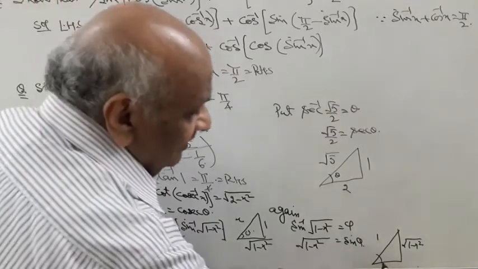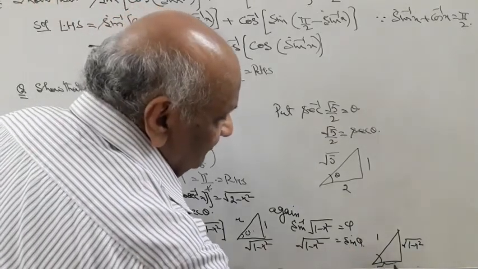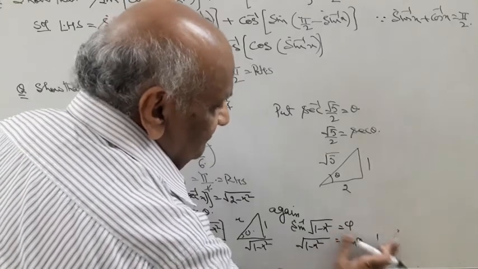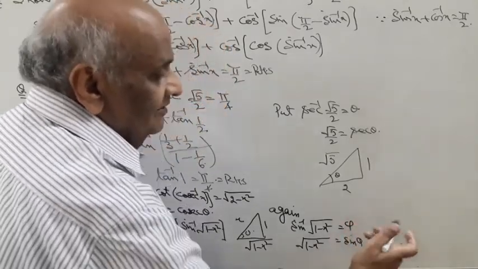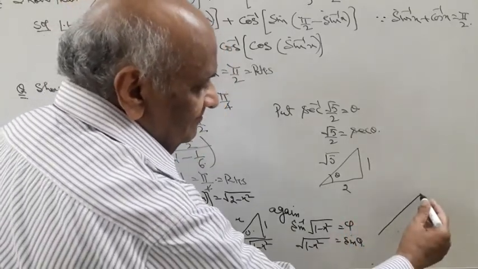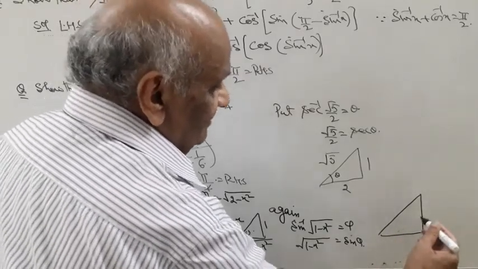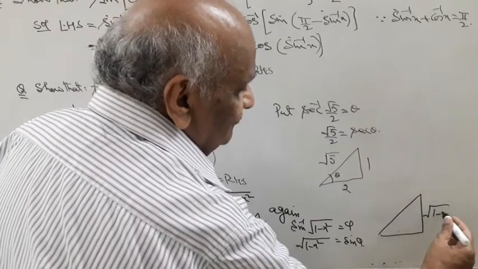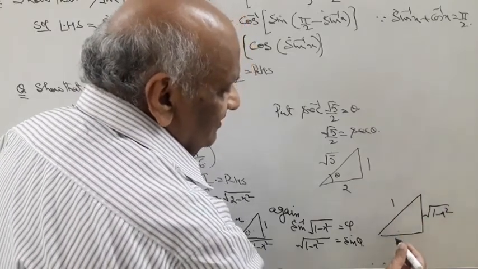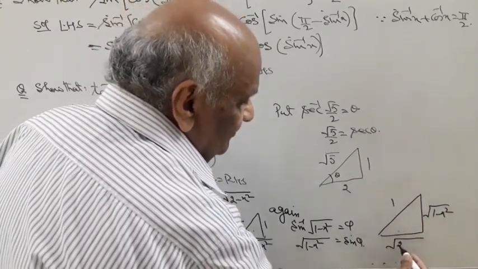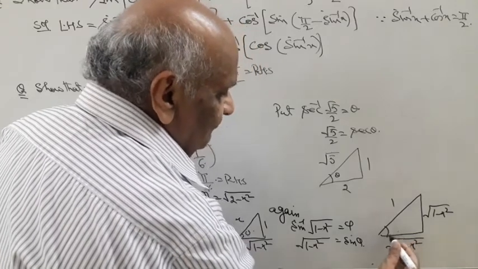Please check up, in the triangle, sine φ is under root of 1 minus x square. It is 1. This is under root of 2 minus x square. This is φ.